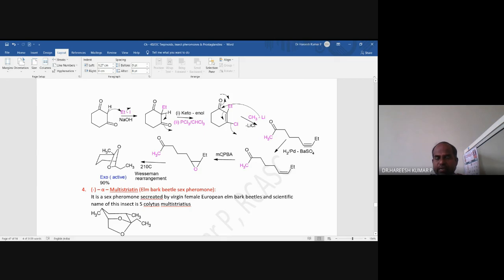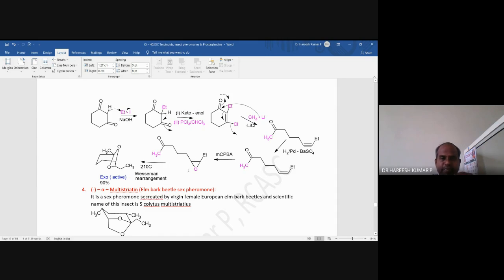Then it was treated with MCPBA. What is the role of MCPBA? MCPBA converts a double bond into an epoxide, and this epoxide is converted into Brevicomin. How? By the rearrangement called Wessiman thermal rearrangement.